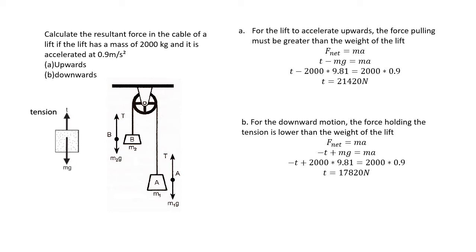So if you calculate the weight of the lift, 2000 times 9.81, you would get 19,620. If the tension is higher than that weight, it's going to go up, and if it's lower, it would go down.